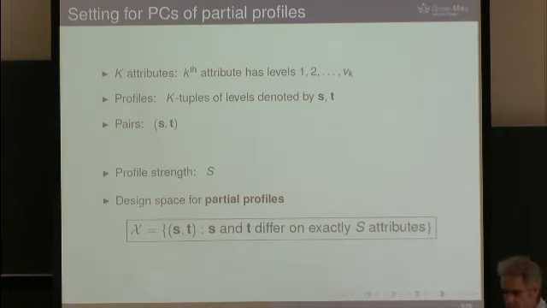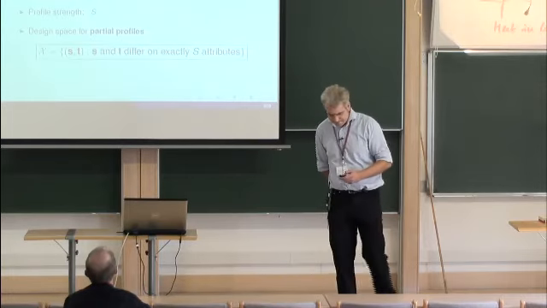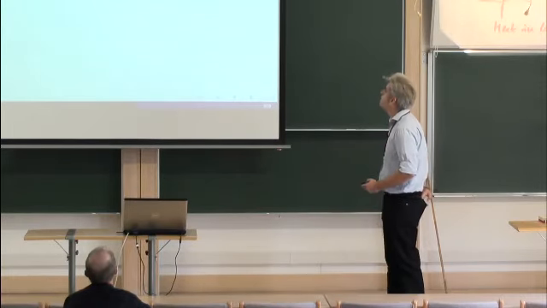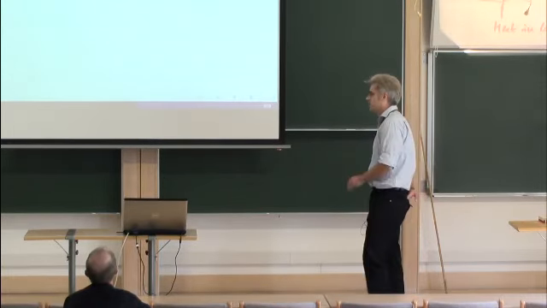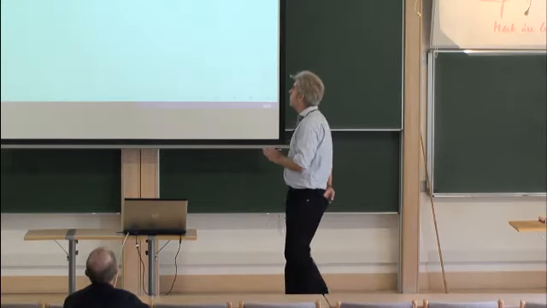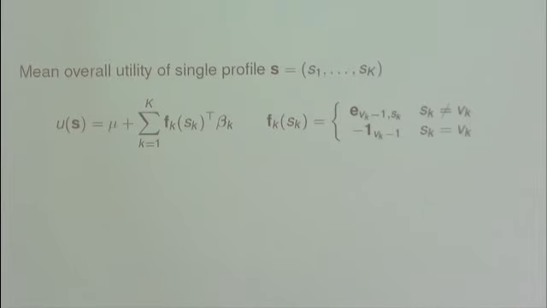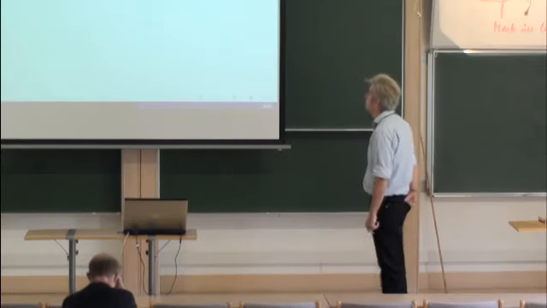Now coming to the model, what we're going to consider is, if we first look at a single alternative, a single profile with those levels of the k factors. So what we're going to use initially is what is known in the marketing literature as the part-worth model.